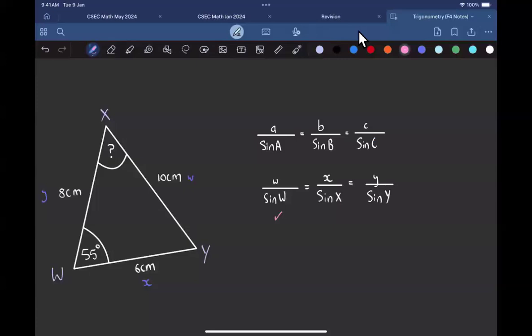And what are we trying to find? X. So use x and w. It's always what you have and what you're trying to find. So going from the right, w over sine W equals x over sine X.